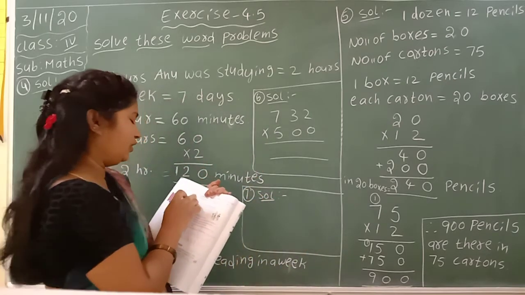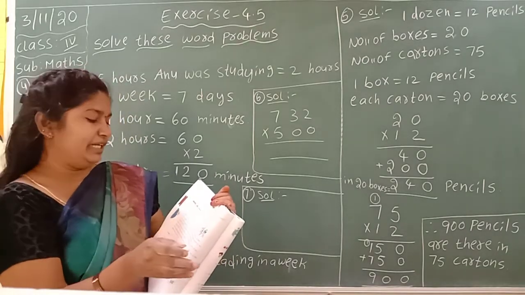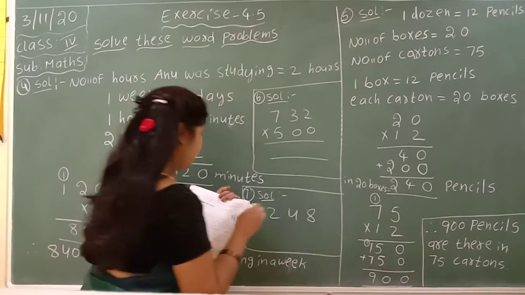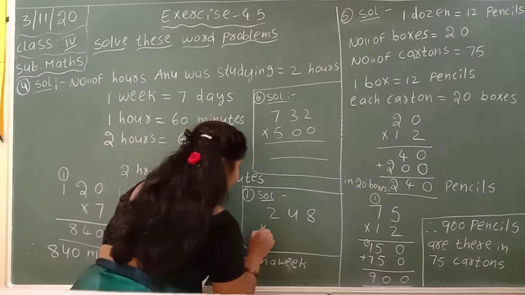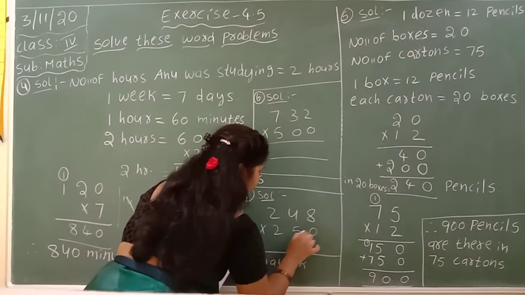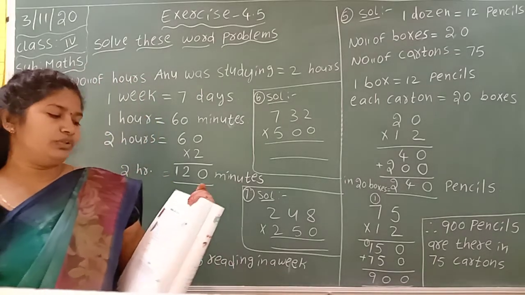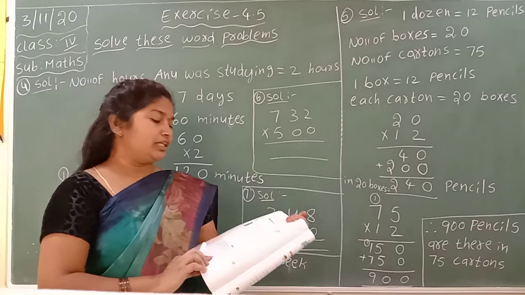You have to write down the number of students who went for a picnic, that is 248 students. And each contributed 250 rupees. You can do this multiplication and you will get the answer. You have to do these 2 questions. This is your homework, children.